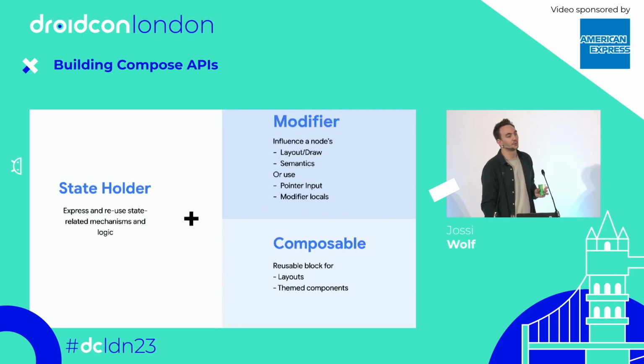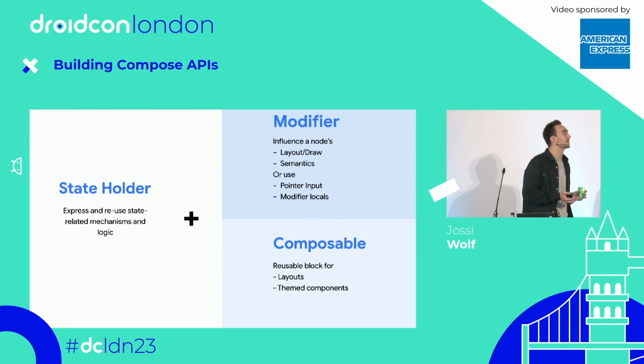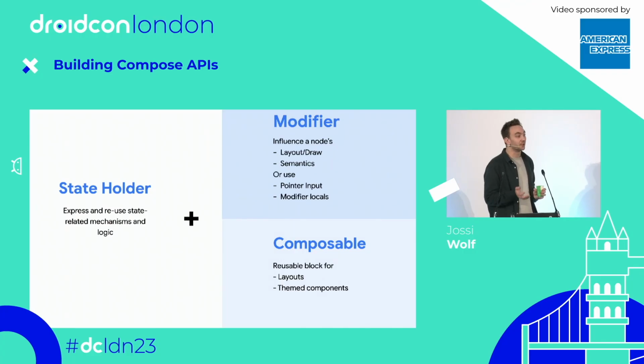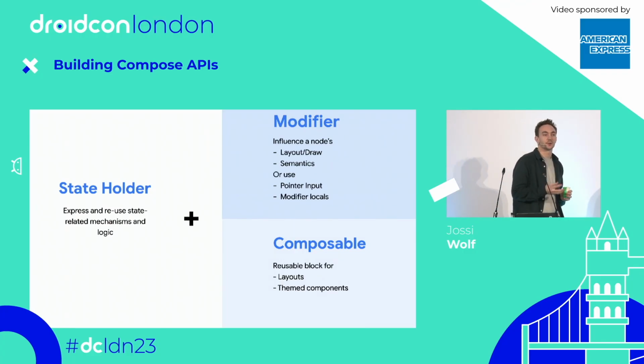So in Compose, you will usually see either a modifier or a composable in combination with a state holder. A state holder is very useful for expressing and reusing state-related mechanisms and logic, like moving to the closest anchor, or holding the current dragging state.